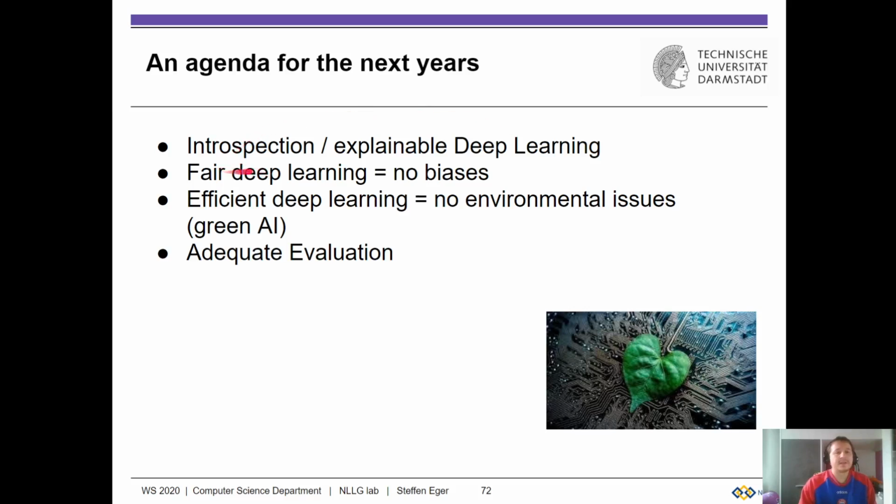Another aspect that's coming up is we want to have fair deep learning, no biases. Imagine you train your model on public data, and this public data encodes a lot of biases, such as gender biases or demographic biases against certain people from a society. Let's say the elderly people or foreigners, right?